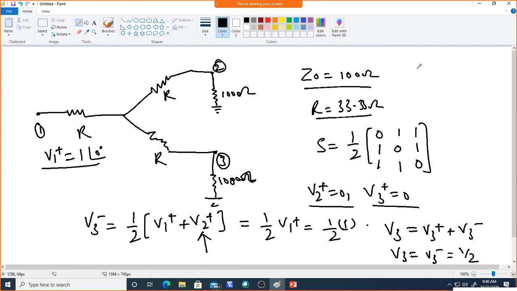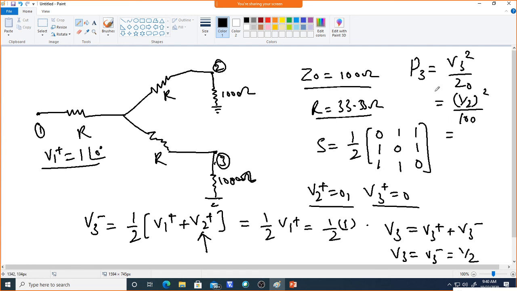Now we know the port power P3 equals V3 squared by Z0, the power coming at port 3. The V3 value is half, squared, divided by Z0, the system impedance, which is 100.